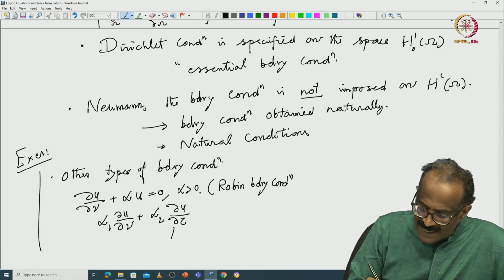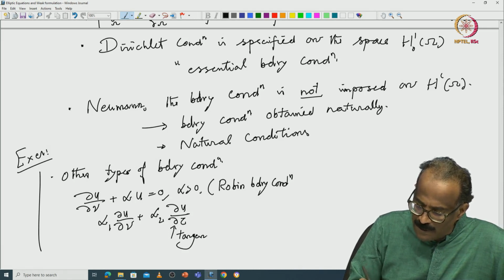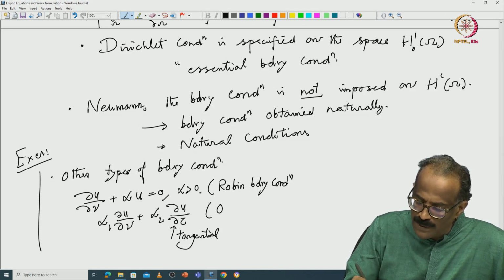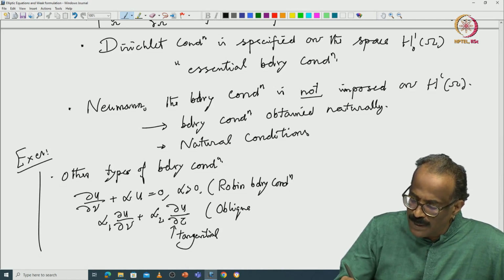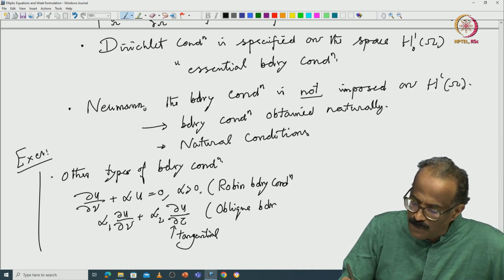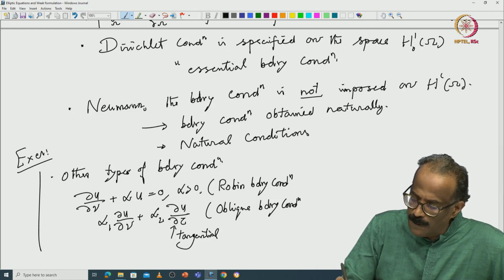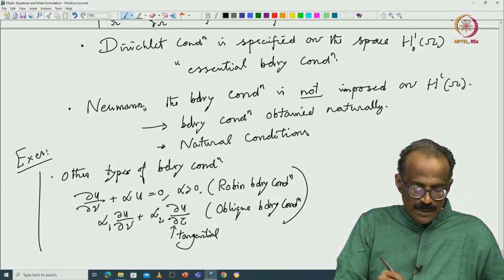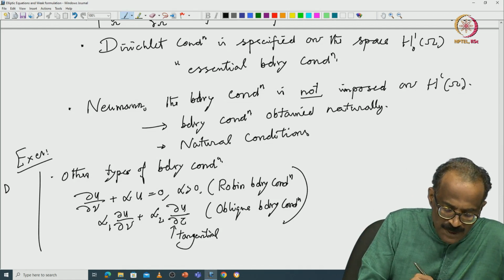That means this is tangential. There are others, you can impose whatever you like, oblique boundary conditions. So, work it out, derive weak formulations.